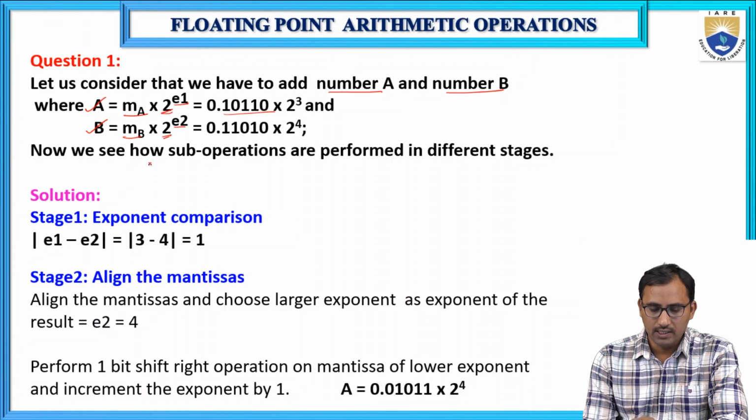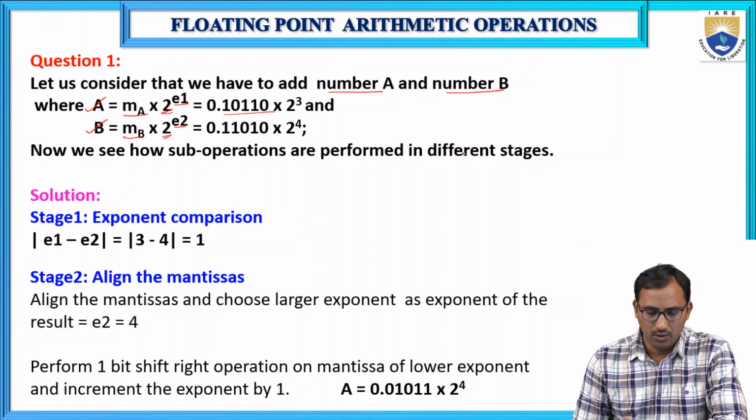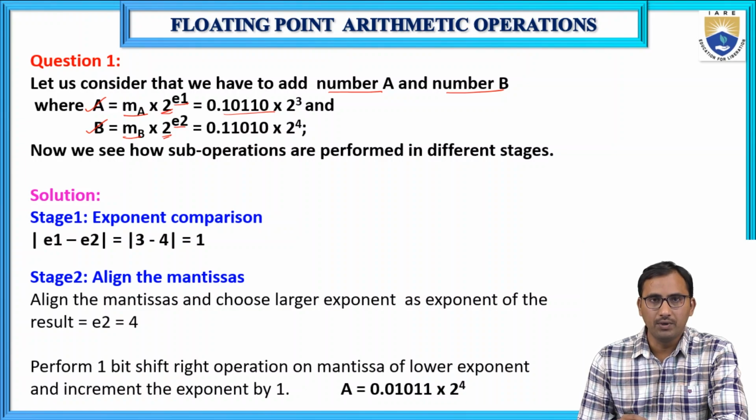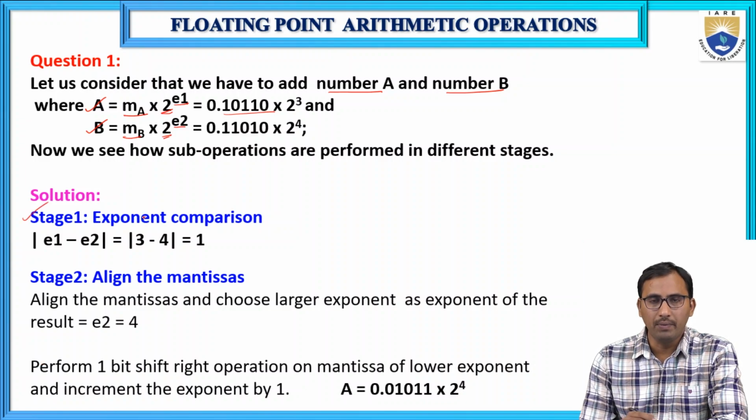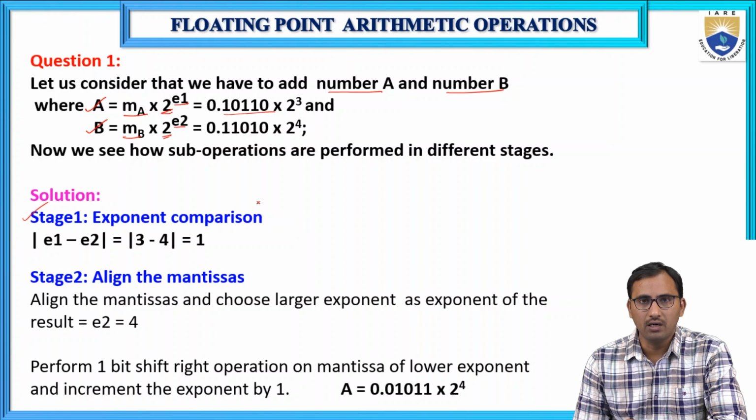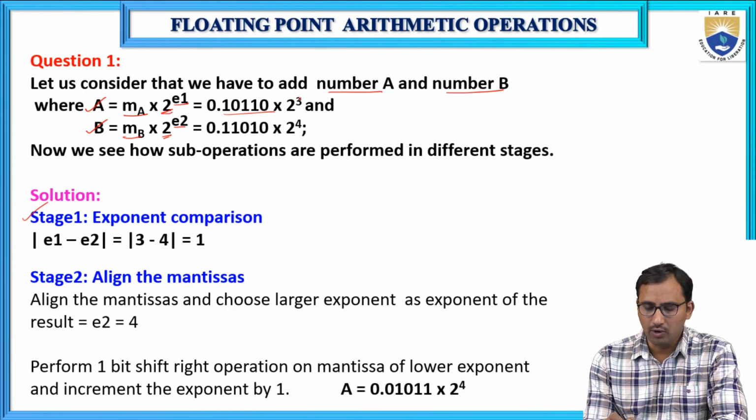Now we see how the operations are performed in different stages, stage by stage. In stage 1, the exponent comparison takes place. In order to perform addition or subtraction, the exponents should be equal. But here the exponent of the first number is 3 and the exponent of the second number is 4.